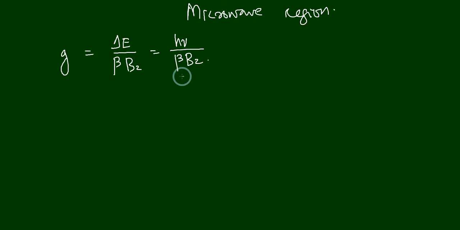Almost all free radicals and some crystals have a g factor very close to the g factor of the free electron. Free electron g factor is 2.0023, and if you take the g factor of some radicals or some ionic crystals, the g factor will vary only plus or minus 0.003. That's all.